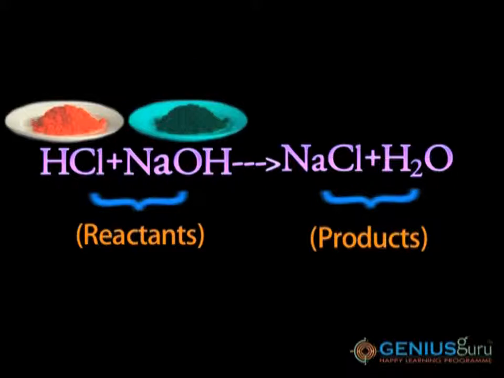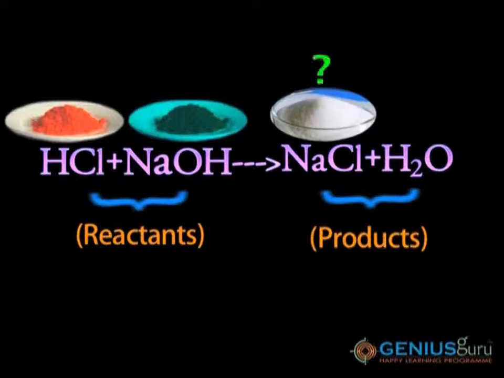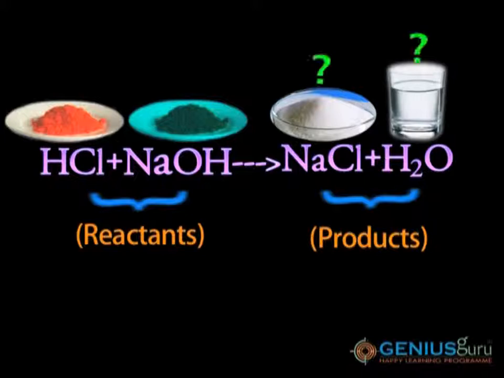And another question is, how many grams of NaCl and water are formed in this reaction? Can you get this information from this chemical reaction? No. We do not get any information regarding the quantity of reactants or products. So this equation describes the qualitative process that takes place in the chemical reaction.